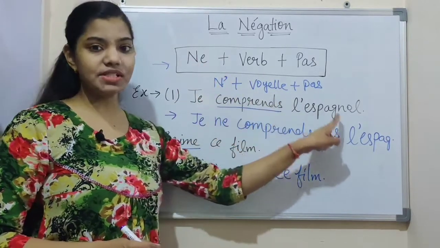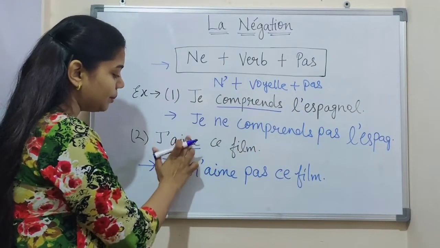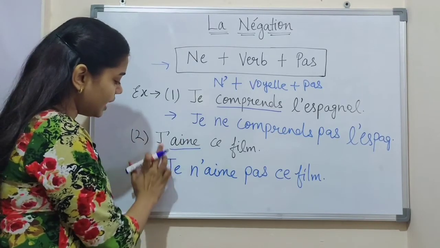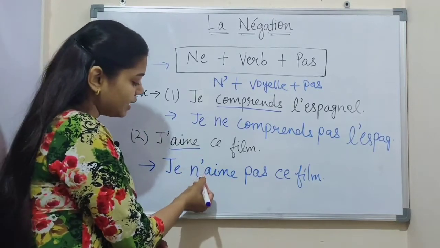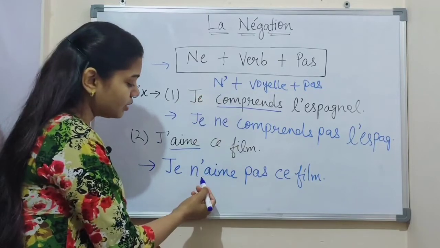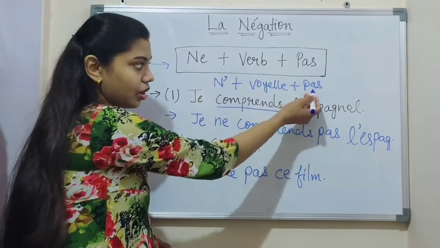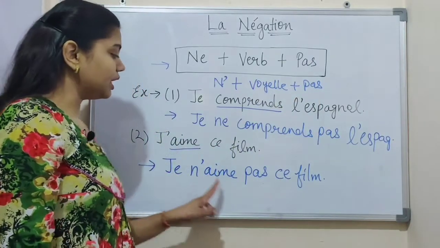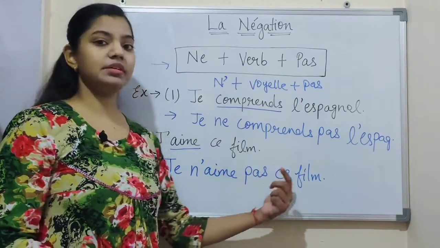In this sentence the verb aimer starts with a, which is a vowel, so we write je, then n'aim, and after the verb we add pas, and finally the object. Je n'aime pas ce film. I don't like that film.